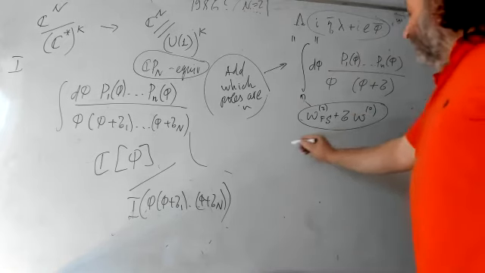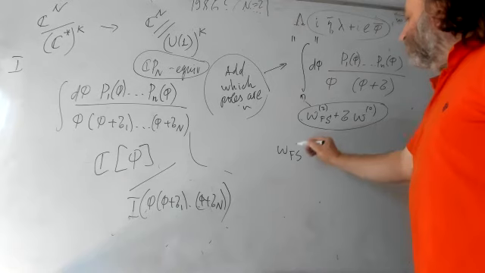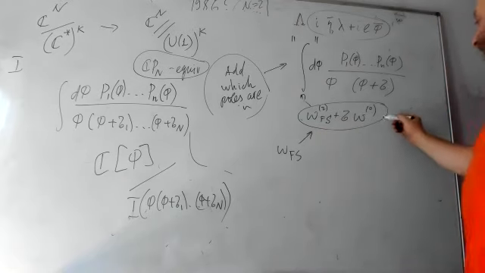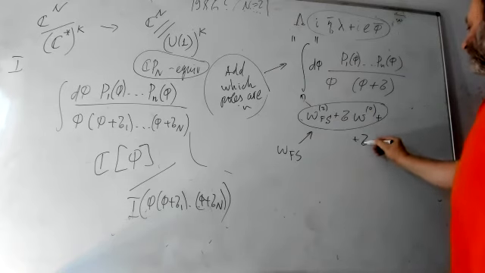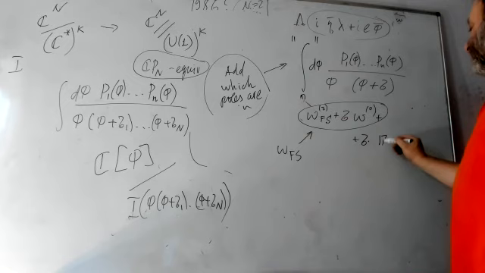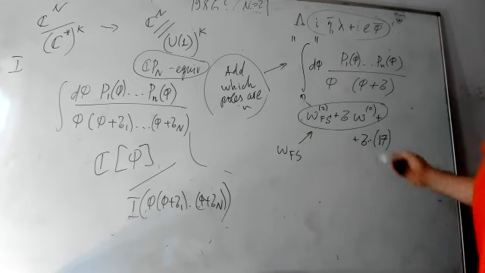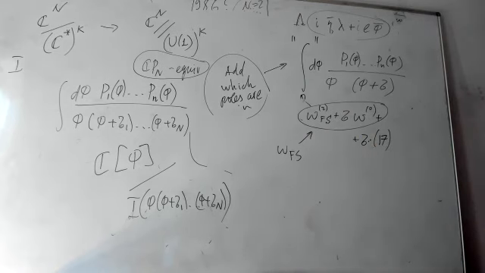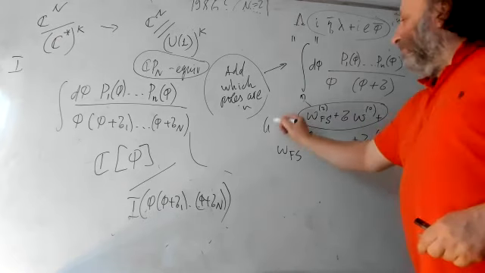Because when I go from Fubini-Study here, I could add sigma times 17. It would also be an equivariant continuation. It's one thing.